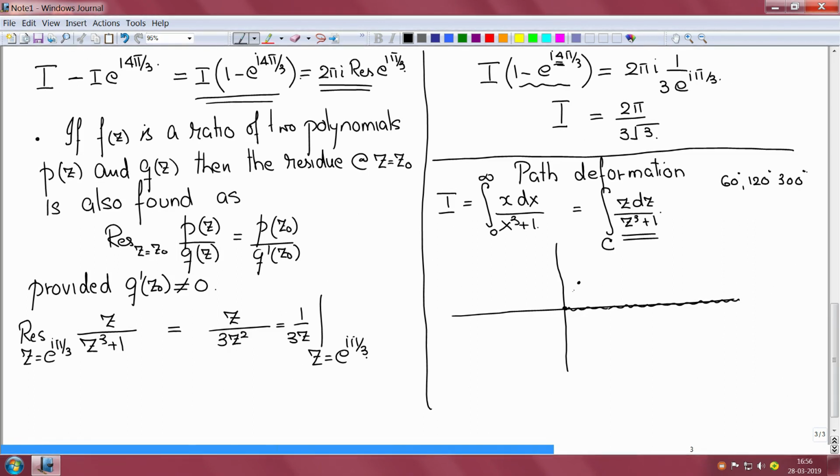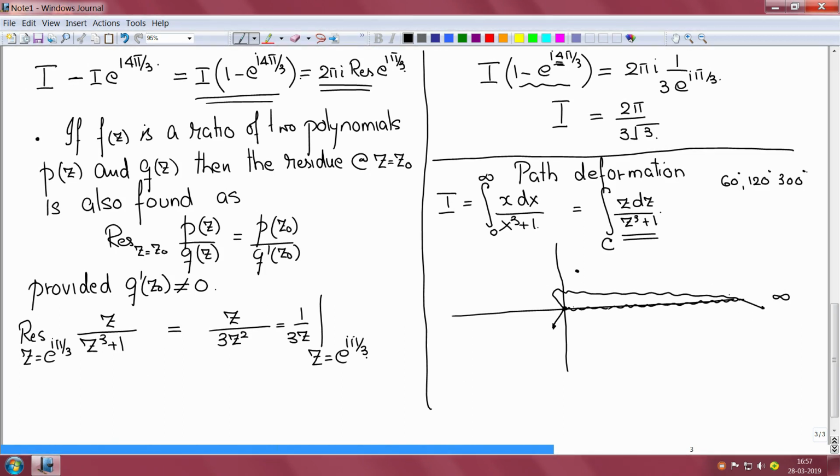What now I will do, let me shift it. I will deform this path. I will hold the edges fixed. This point I will hold fixed, and infinity I will hold fixed, and I will deform the path. How do I deform the path? I will deform the path a little bit.